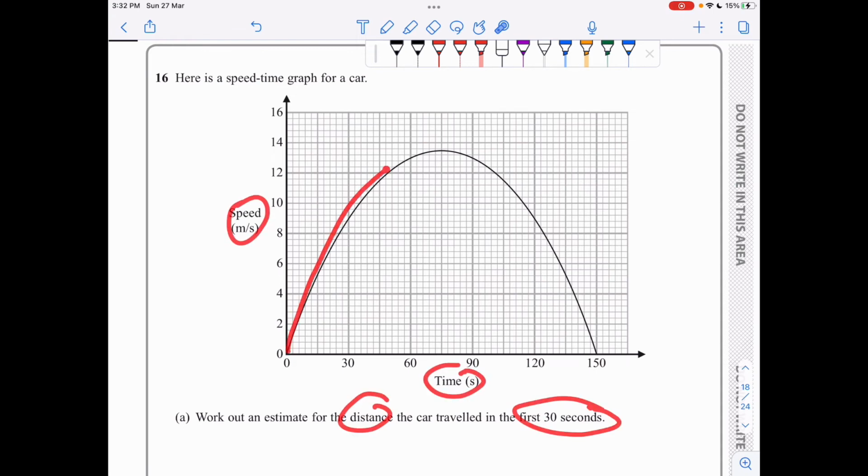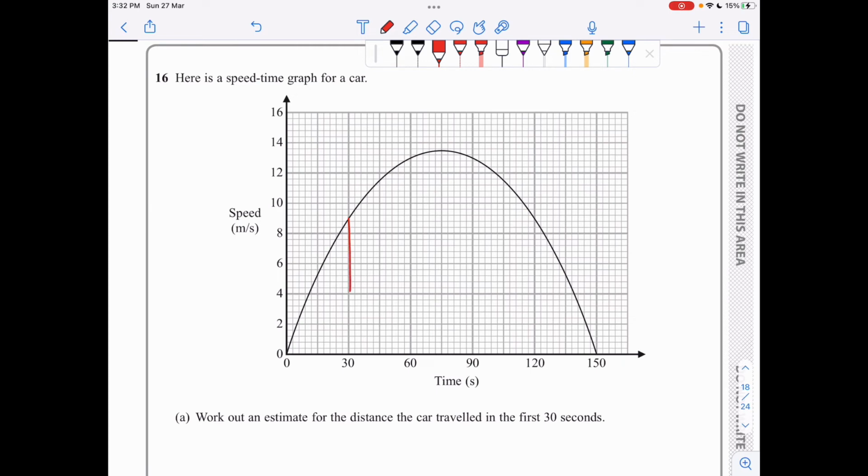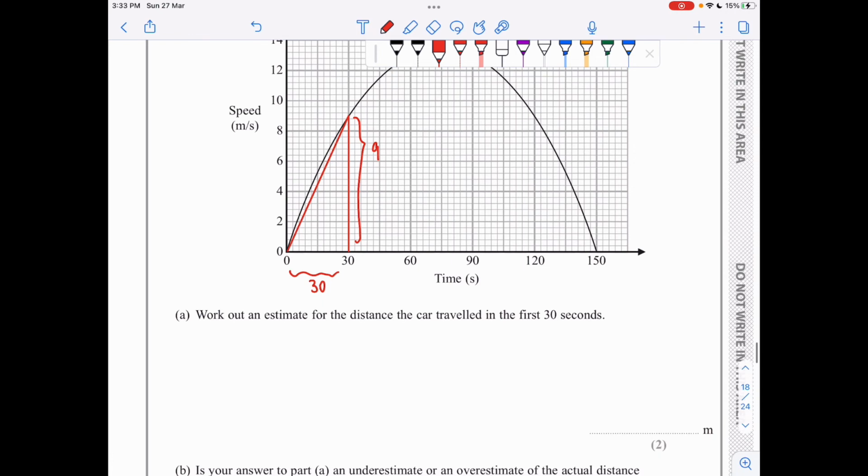This being a parabola means I cannot find exactly the value, but I could draw this triangle, which should give me a good estimate to the area. I notice that the height is 9, the base is 30, so I will simply do 30 times 9 over 2, which gives me an answer of 135 meters.